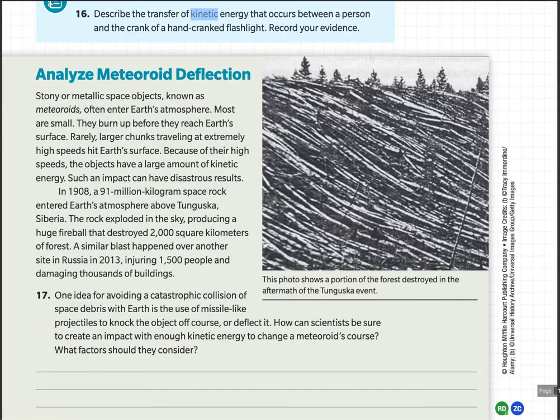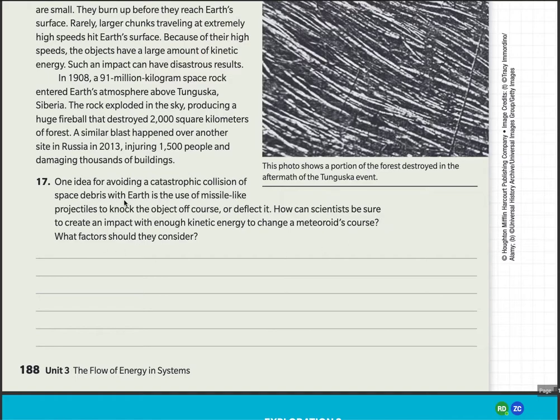And 17 says, one idea for avoiding a catastrophic collision like space debris with Earth is to use a missile-like projectile to knock the object off course or deflect it. So this was talking about a giant asteroid that came in and created essentially a giant nuclear blast almost. And this is describing, so let's say that you are Earth.